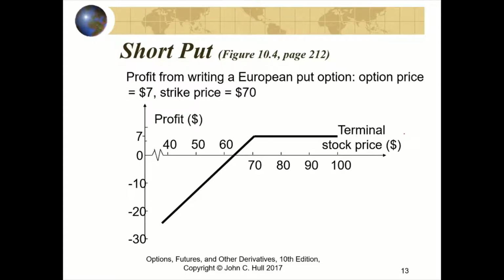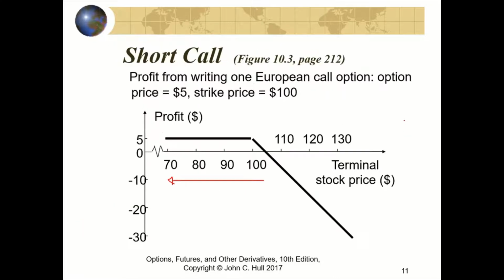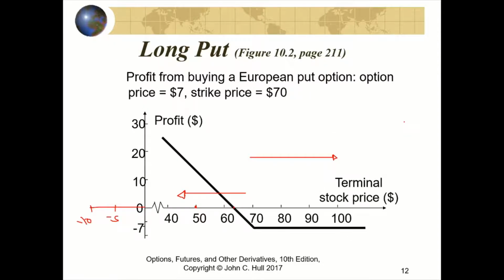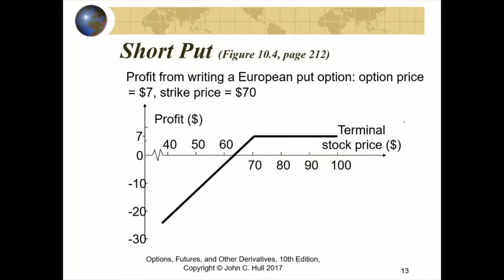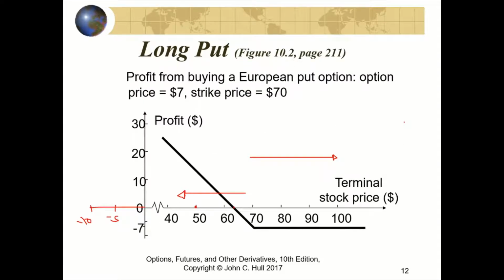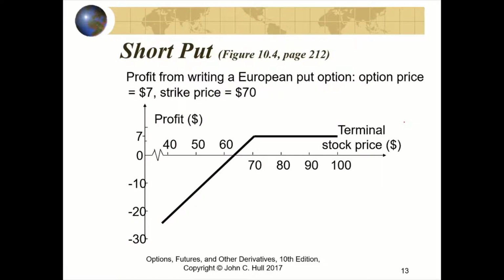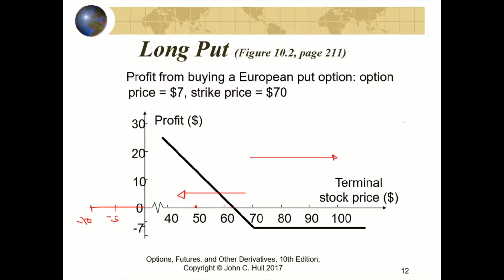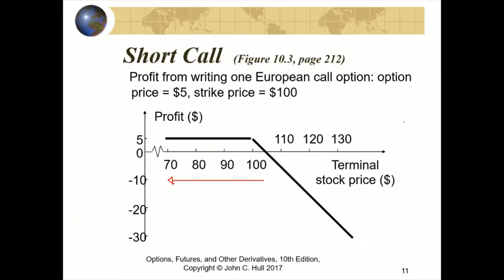Now, what do you notice about the relationship between the short and the long? For the put, this is the short, this is the long. How about the call? Long, short.